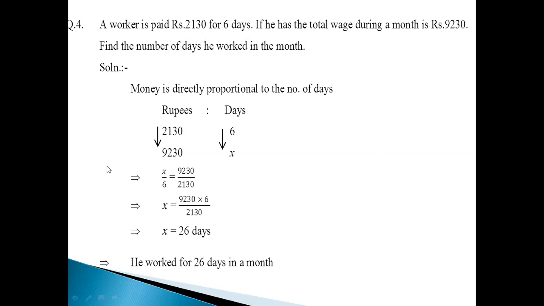Look, how can you find the number of days? Money is directly proportional to the number of days. How? Direct proportion means that if one value increases, the other one automatically increases. So that is called direct proportion. For example, if he worked for more days, he will get more money.